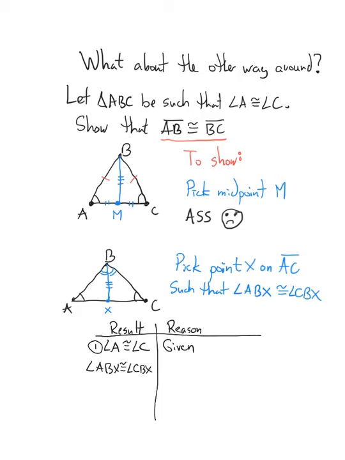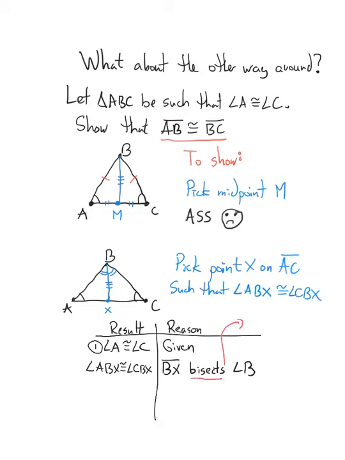And we know that because we picked the point X such that line segment BX bisects. Bisects just means splits an angle directly in half. So it bisects angle B.